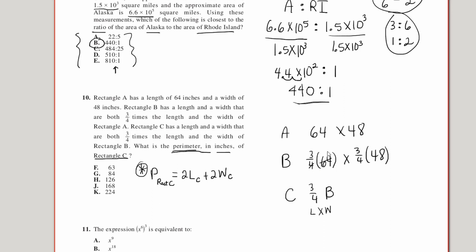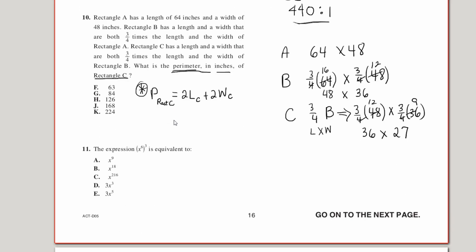You can put this in your calculator and do some simplifying, but this turns out to be 3 times 16, which is 48, by, and when I do the same over here, some simplifying, a 48 by 36 for B. And we know that C is 3/4 of that, so it's 3/4 of 48 by 3/4 of 36. We can do our simplifying again, and that is a 36 by 27. So that is our measurements for rectangle C.